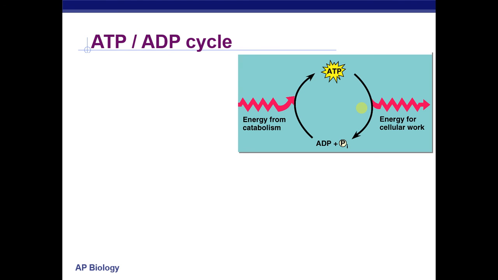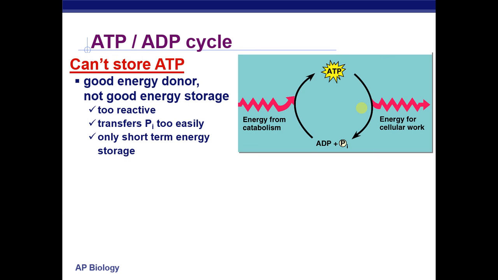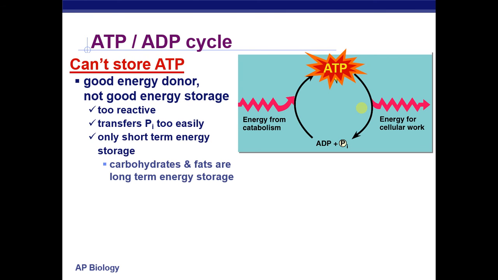So kind of lastly, there is an ATP-ADP cycle. We can't store ATP. It's a good energy donor, but we can't really store it for very long. It's too high energy. It transfers phosphates way too easily, and we can only use it for a short time. Whereas carbohydrates and fats are better at storing energy for the long term.